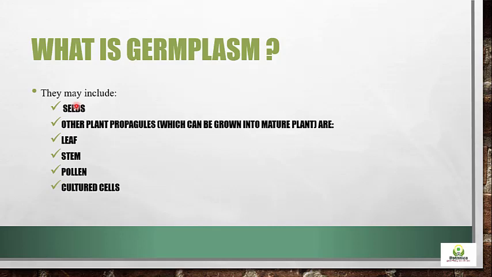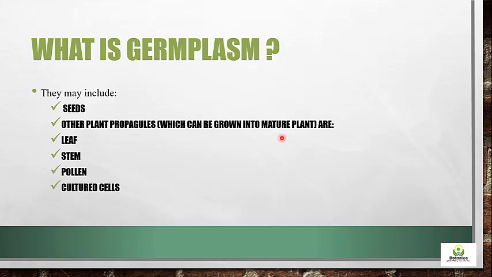Other plant propagules can also be grown into a mature plant. For example, there are some species which can be grown vegetatively. In the Poaceae family there is sugar cane, and in the Solanaceae family there is the potato, which has an underground stem that can regenerate and regrow to form a new plant.